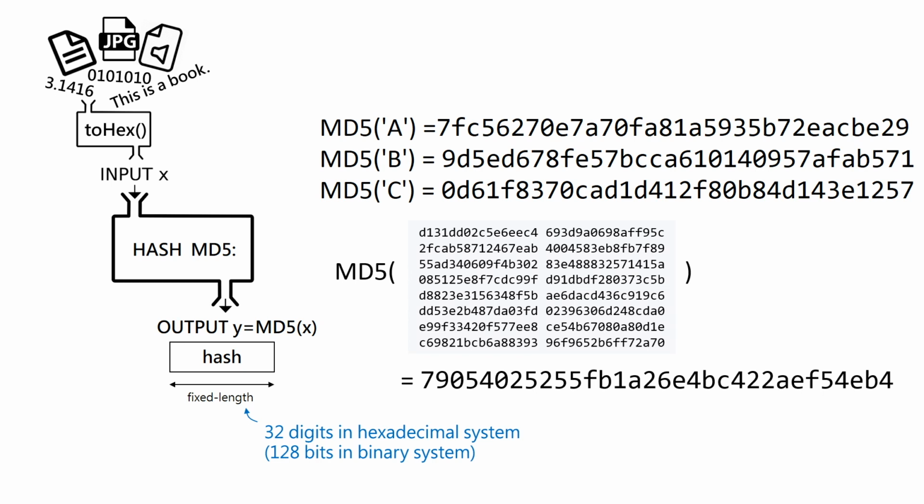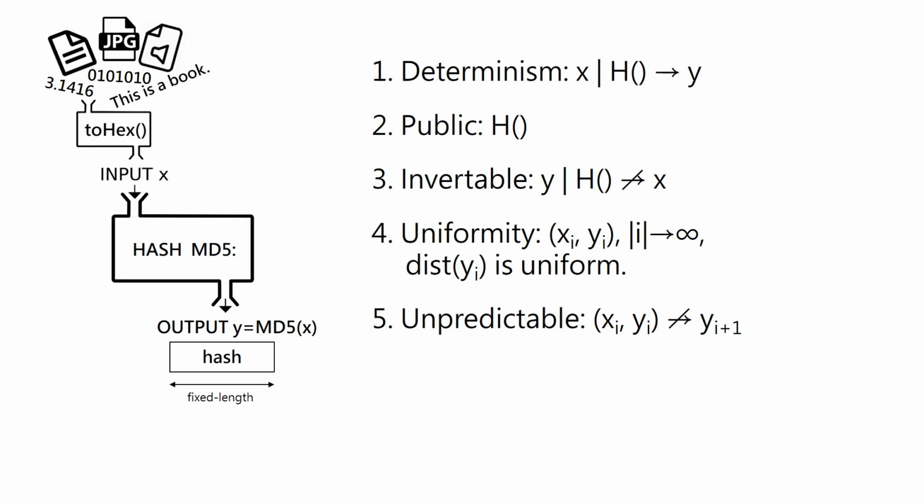The length of the output of MD5 is 32 digits in the hexadecimal system. For example, if you put A into the MD5 hash function, the output will be 7FC56, etc.